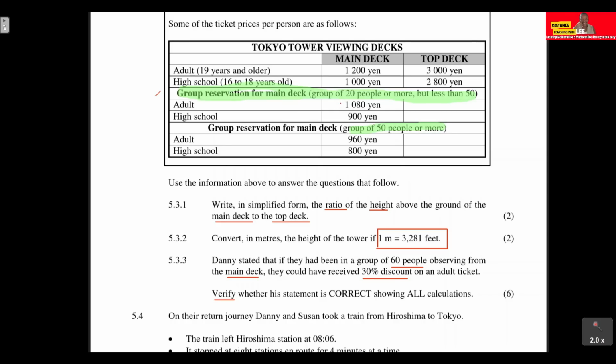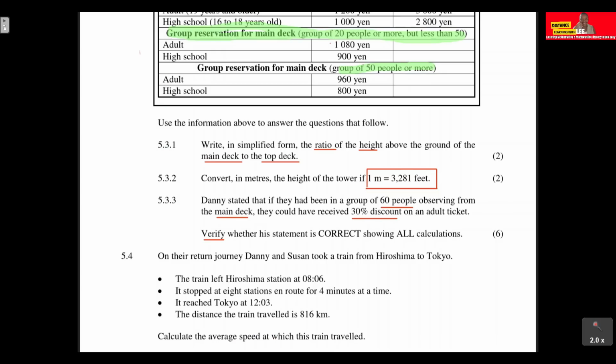In this case, we can't use this part to help us calculate, because this part is for a group of 20 people or more but less than 50. So we're not going to focus on the prices in this category, but we're going to focus on the category that talks about a group of 50 people or more. So this is where we are.